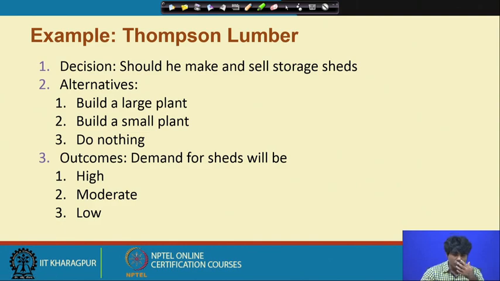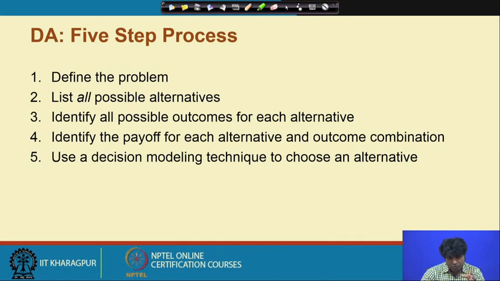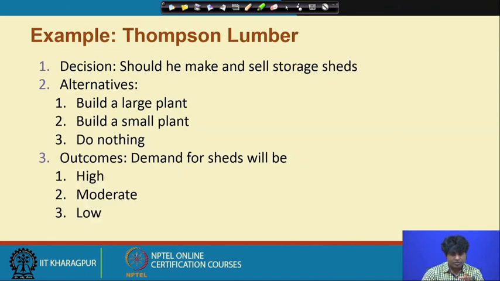Now, in order to address how these 5 steps will work, we can start like this. The first one is the decision. This is an example where we should make and sell storage sets. In the second step, we list out all the alternatives.